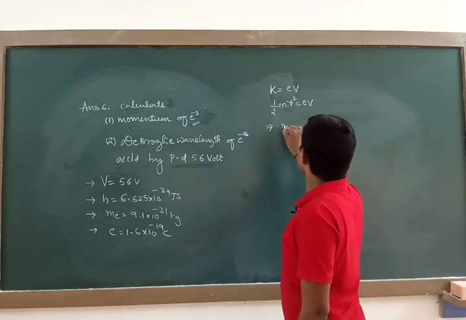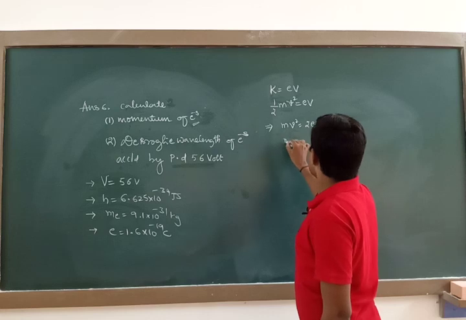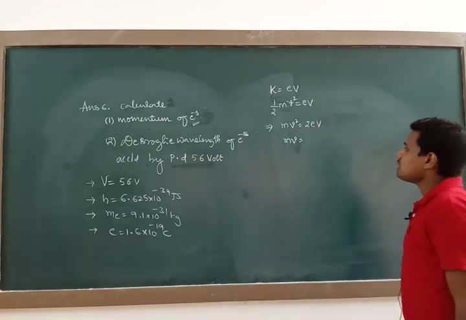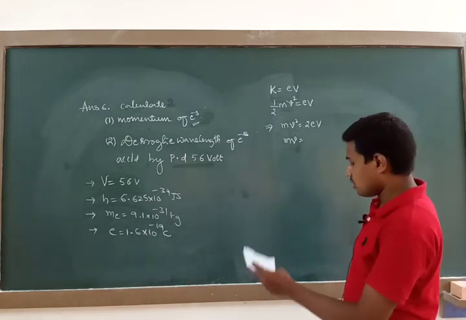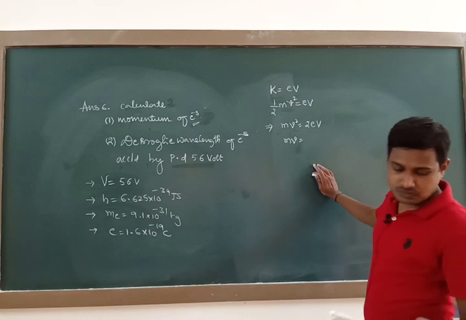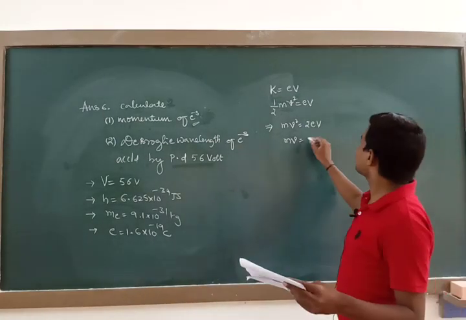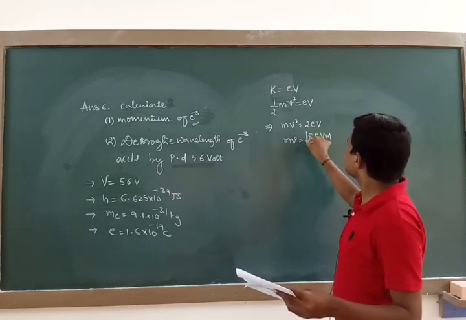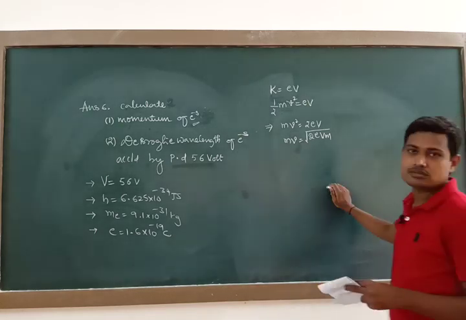Therefore mv square is equal to 2eVm, or mv is equal to root of 2eVm. Yes sir, no? Root of 2eVm.